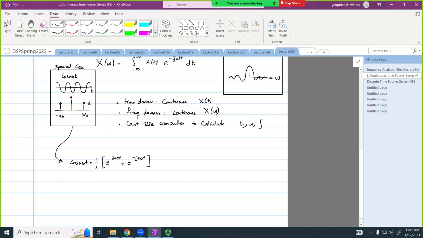And I can calculate x of t, which is equal to 1 over 2 pi, the integration of a pi multiplied by delta of omega minus omega 0, e to the j omega t d omega. And this is going to equal pi over 2 pi e to the j omega 0 t.